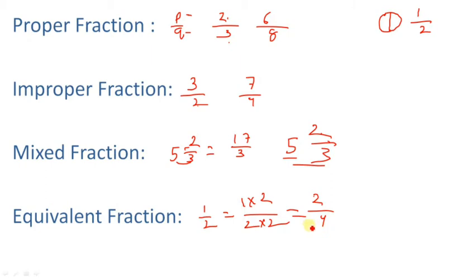Similarly, we can say 2 into 3 by 4 into 3, which will be 6 by 12. In this way we can find equivalent fractions. So these are all the different types of fractions.